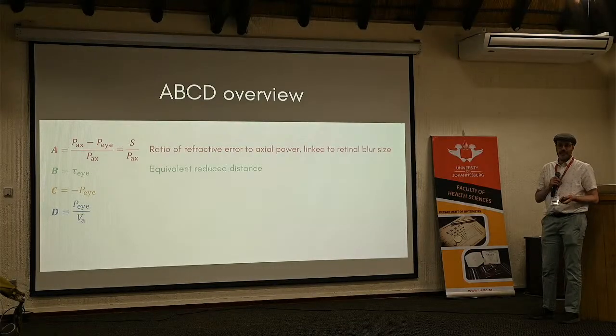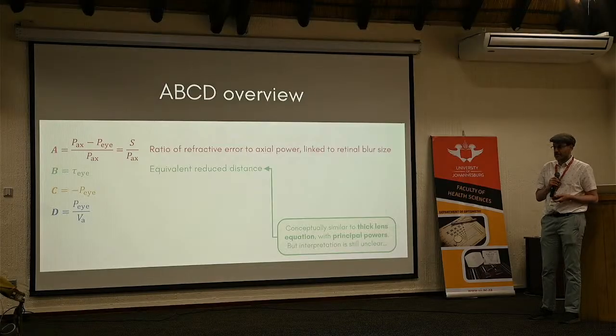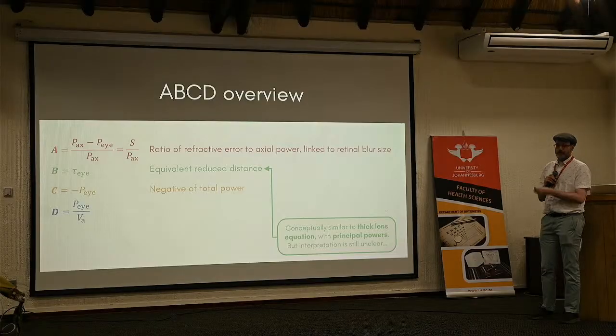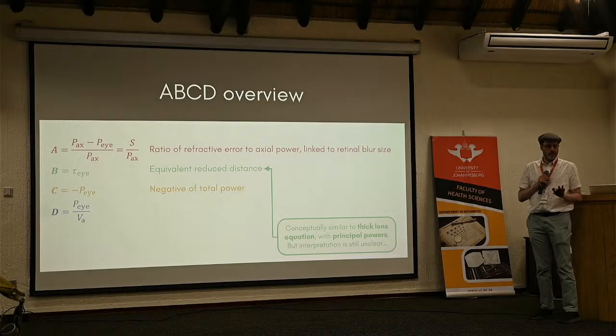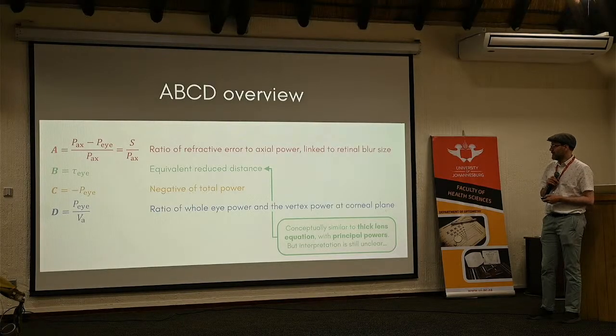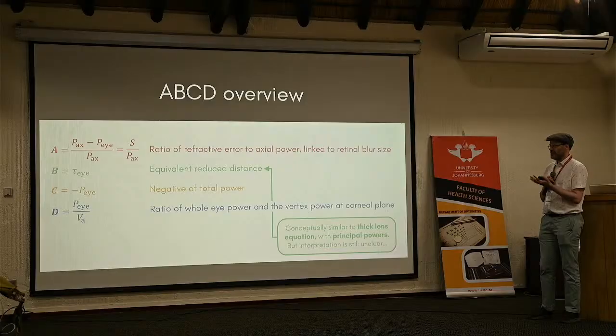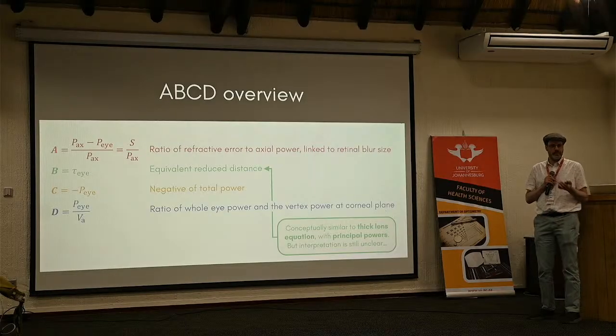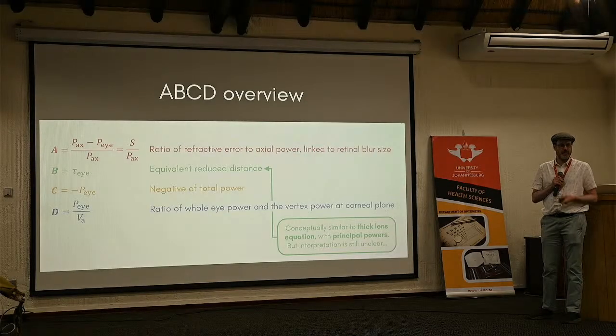So here we have the equivalent reduced distance, whatever that means, and it's linked to principal powers, whatever that is. The negative of the total power, this is the one thing that we already knew. So that's easy. And then we have the ratio of the whole eye power to the vertex power at the corneal plane. Again, that's a proportion. We're not entirely sure what it means, but at least it's something that can be interpreted.